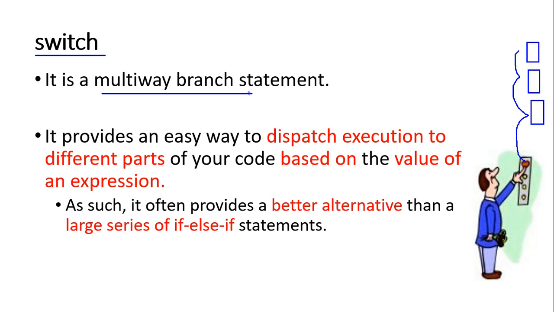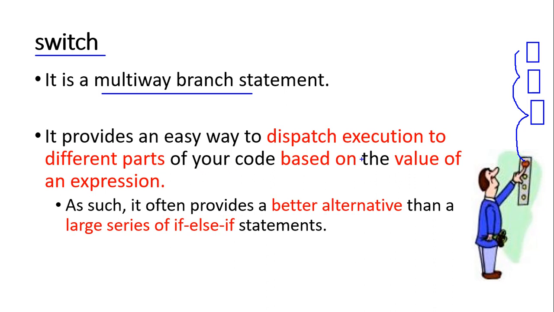Okay. So what does the switch do? It provides an easy way to dispatch the execution of the program to different parts of the code based on the value of an expression.